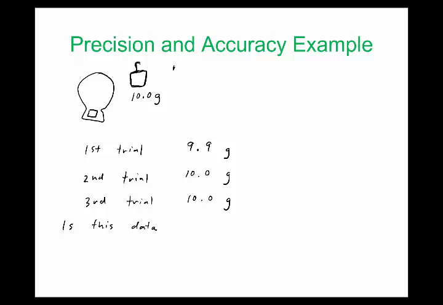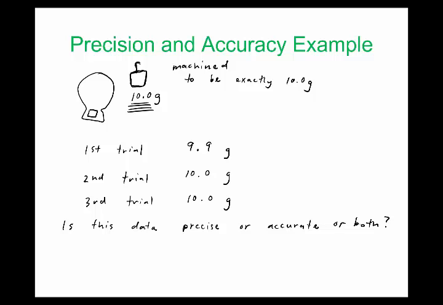And again, this is machined, and let's say it costs a lot of money, made with lasers, to be exactly this number. So here's the following data. Is this data precise or accurate, or both? Explain.